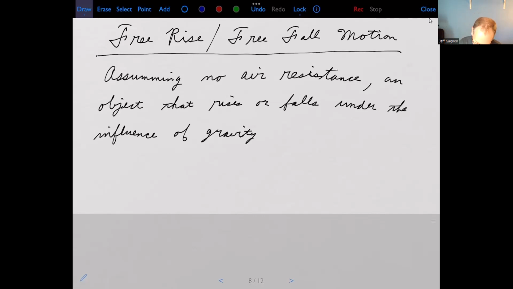So if this is true, assuming no air resistance, an object that rises or falls under the influence of gravity has an acceleration of AY, right? Remember, because we're talking about the vertical direction now, is equal to minus G. And this G here is the acceleration due to gravity.